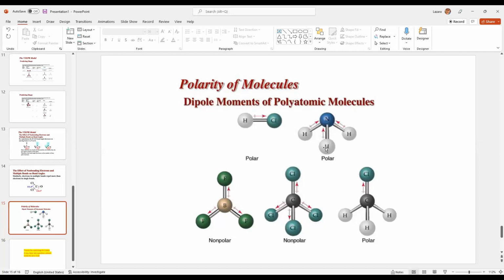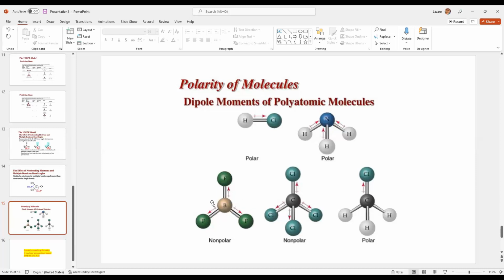In this case, the molecule has angles, and then these dipoles cannot cancel out, and the molecule is also polar. But look at this. In this case, the angles are the same. So the dipole moment of this molecule is 0 because these dipole moments cancel each other.